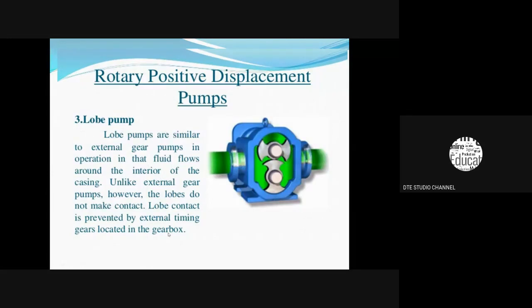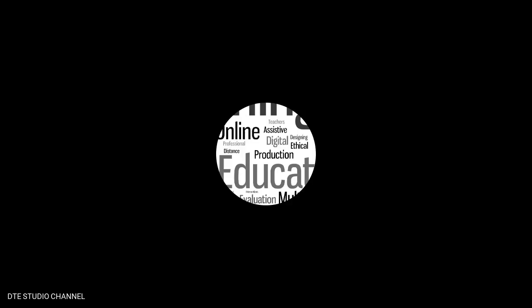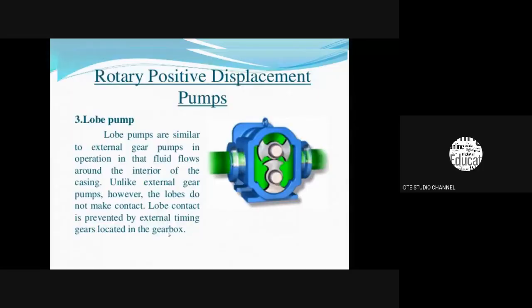The pressure has to be increased at the ends of lobes and casing. In between the lobes and casing, pressure is to be increased, and in the middle, the fluid should not enter. That's why the correct timing must be there.